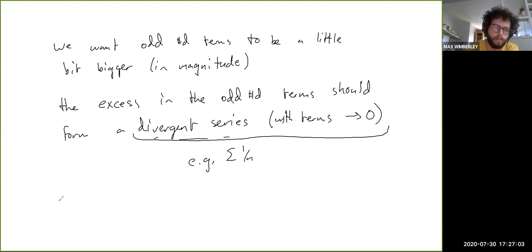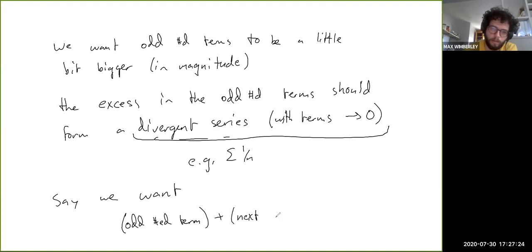So say we want each odd numbered term plus the next even numbered term to be 1 over n, something like that, or 1 over k or whatever.